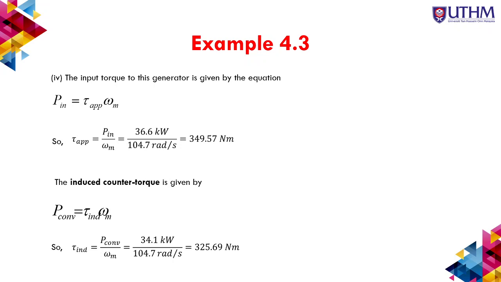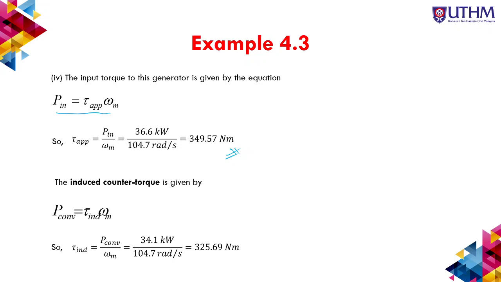The prime mover needs to apply the torque, and the applied torque and the angular velocity become the P in. So now we just calculate the applied torque: P in divided by angular velocity. So you will get 349.57 Newton meter torque.